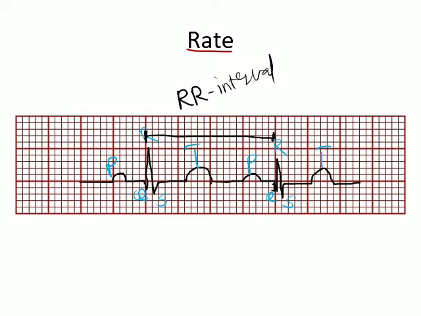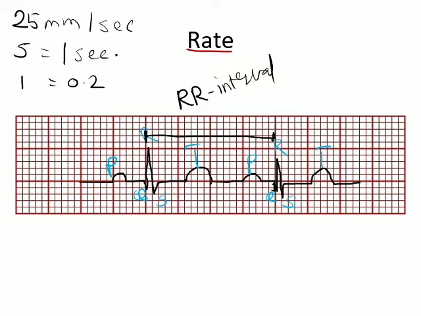As you might have remembered, the speed of recording in an ECG is 25 millimeters per second, which tells us that 5 large boxes is equal to 1 second, and 1 large box is equal to 0.2 seconds, and 1 small box is equal to 0.04 seconds.